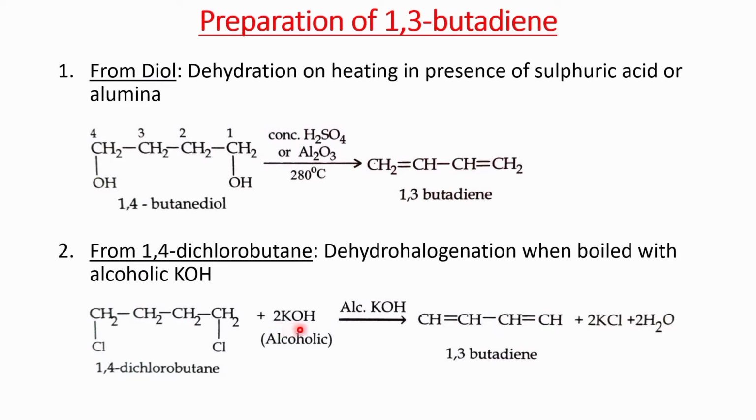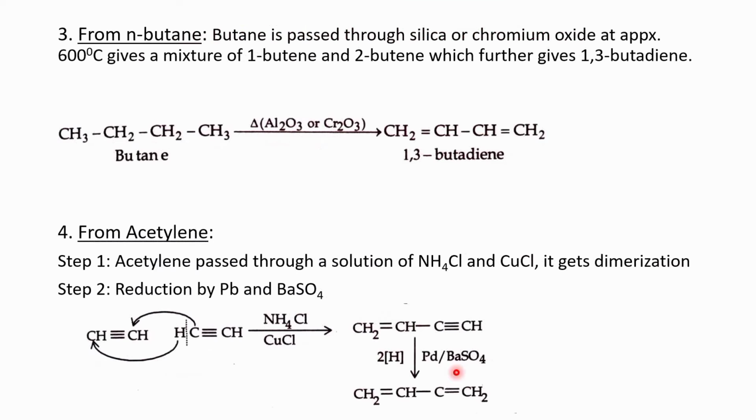We add alcoholic KOH, so a dehydrohalogenation process occurs. Dehydro means extraction of hydrogen as well as extraction of halogen. That is called a dehydrohalogenation reaction. One hydrogen and one chlorine from here and one hydrogen and one chlorine from there get extracted to form double bonds at the first and third positions. So this again forms 1,3-butadiene.